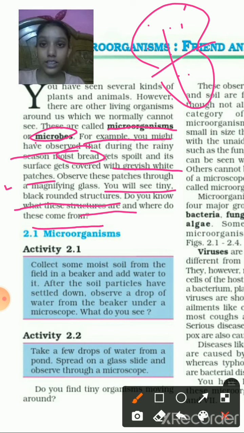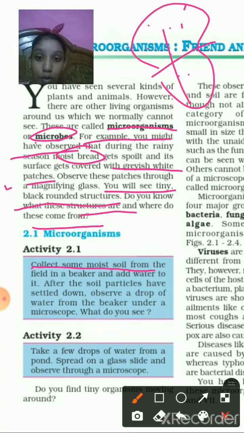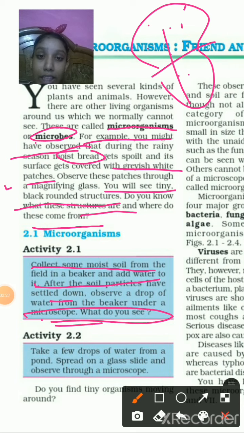Here two activities are given, so let's read them fastly. Collect some moist soil from the field in a beaker and add water to it. After the soil particles have settled down, observe a drop of water from the beaker with the help of a microscope.